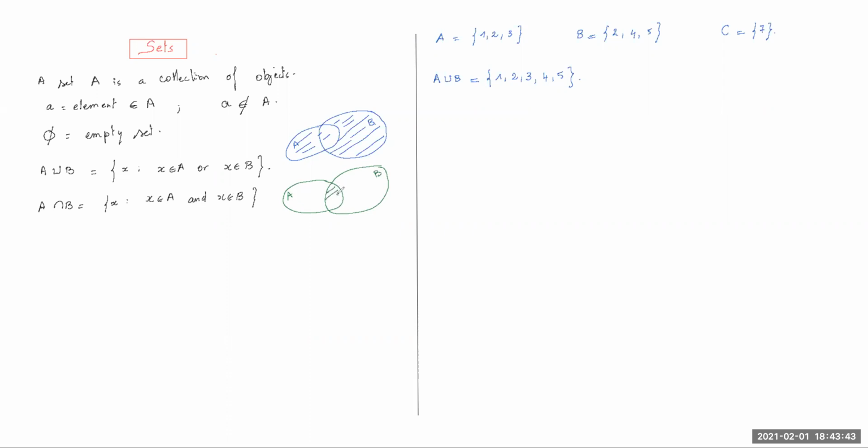That means I will consider only this part. For example, A intersect B has the only common element 2.